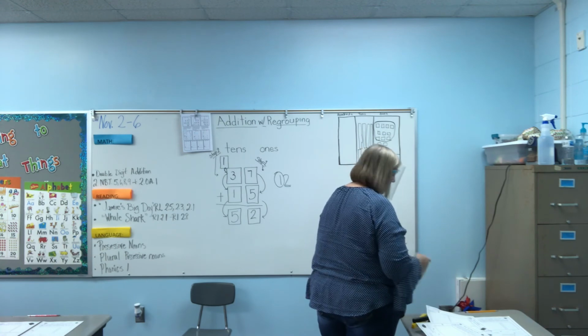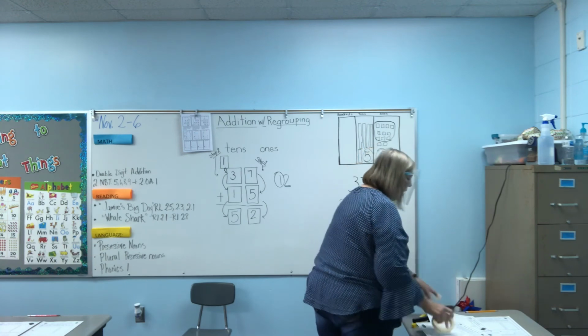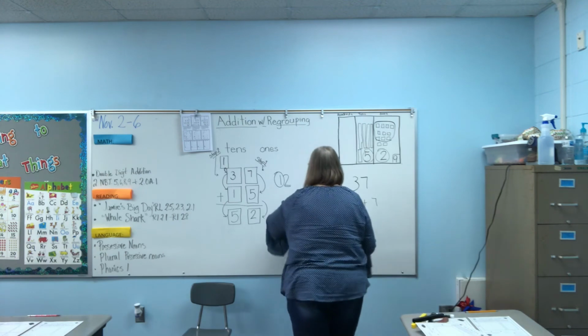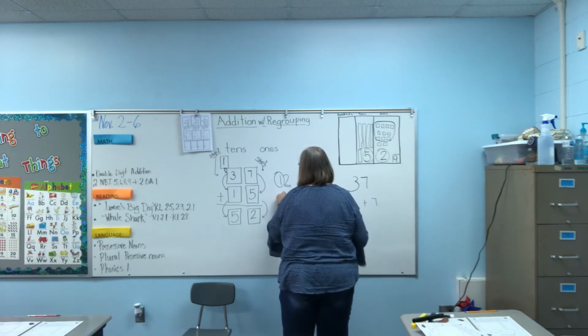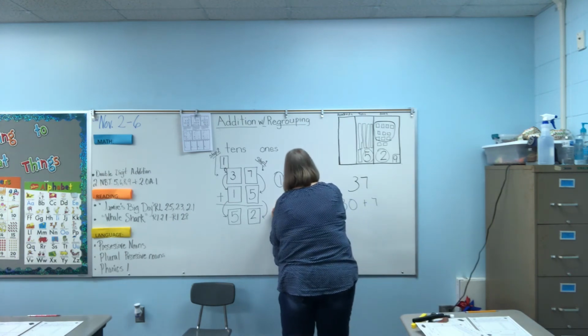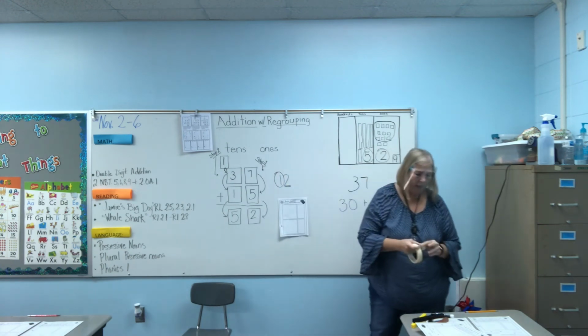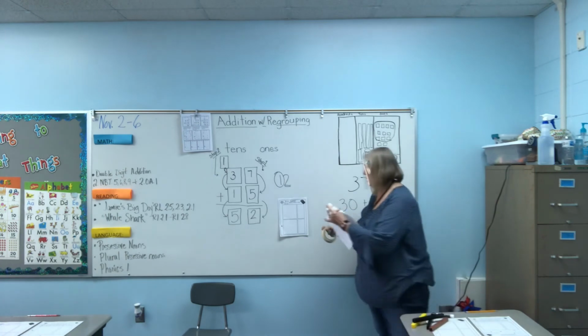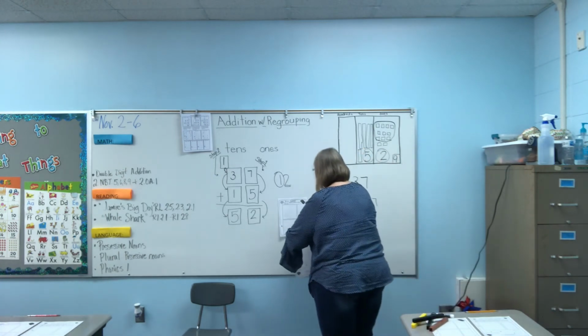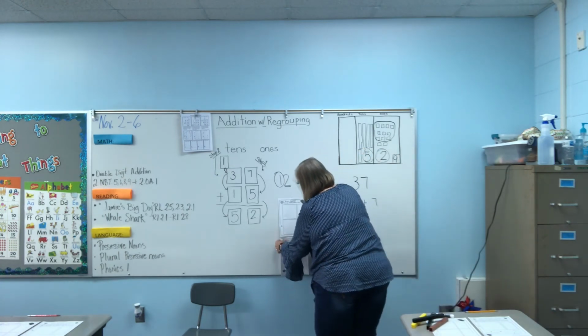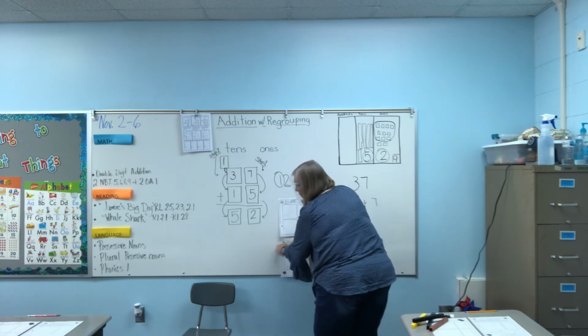Remember, we don't write on these, we only use our bricks to show what we're doing. And it's kind of like our chart over here. It helps us to know what we're doing, okay? So here's our problem. It's right there.